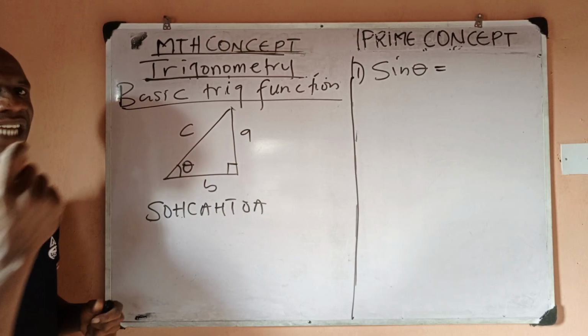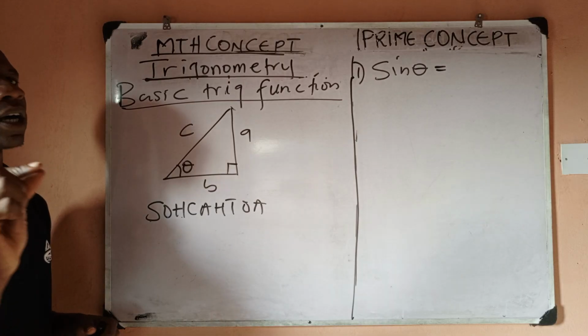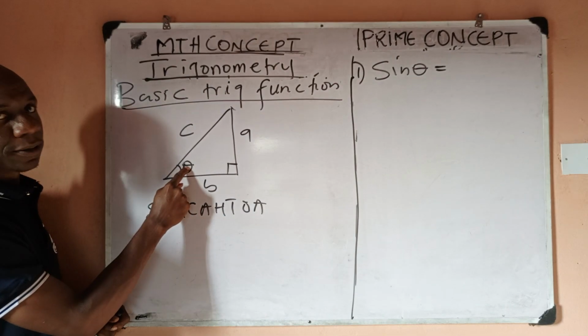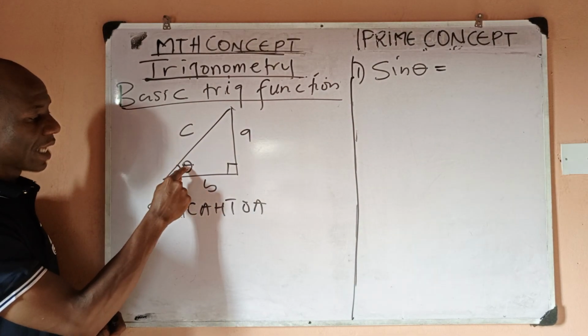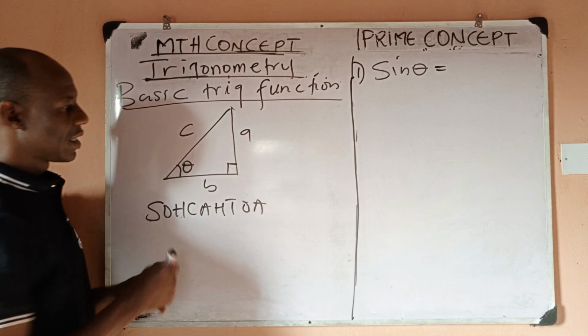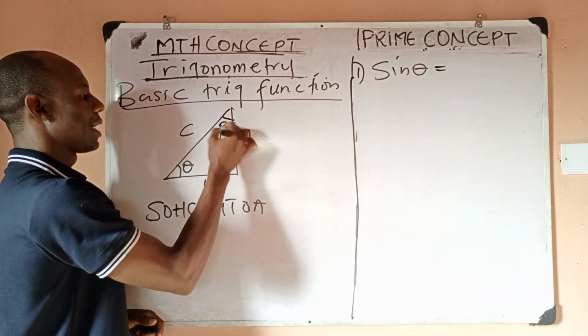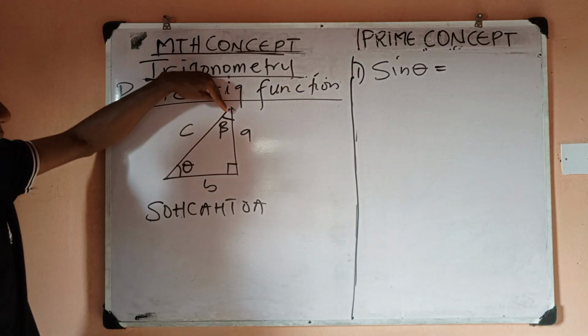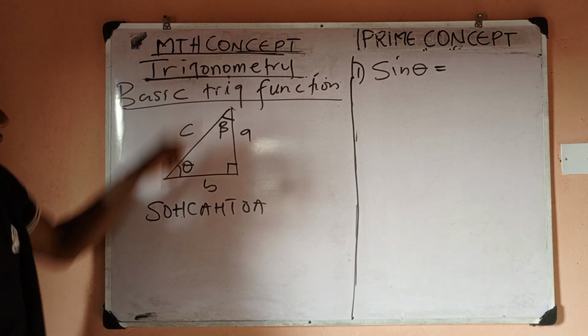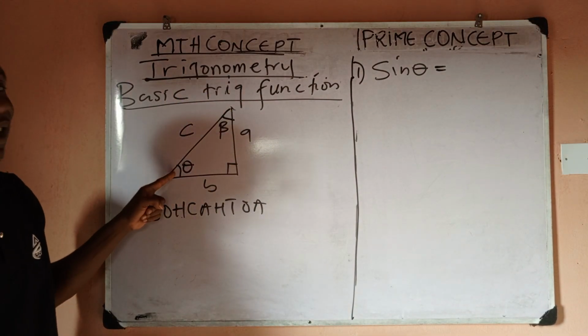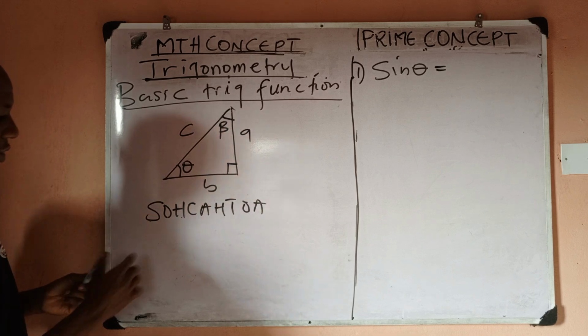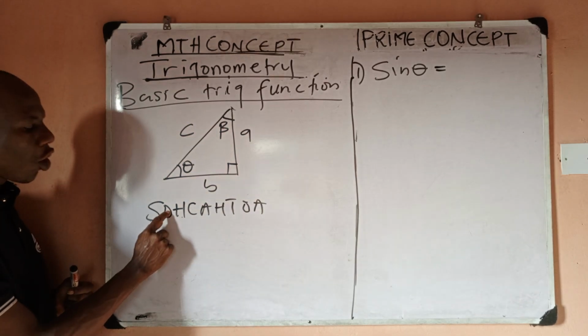Opposite simply means the side facing the angle that you are considering. So we are considering theta. The side that faces this angle, theta, is A. Say we decide to call here beta. If we are considering beta, then the side facing this angle, beta, is B. But we're considering sine theta, right? So sine is opposite side.